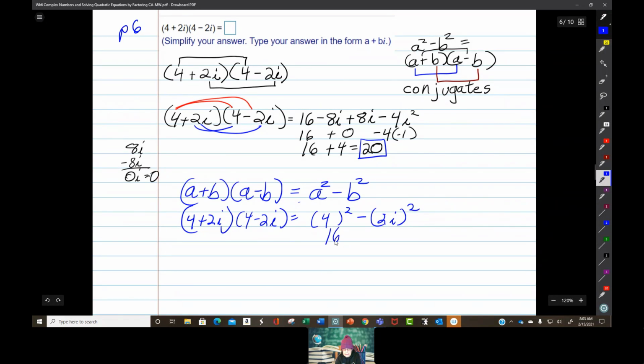Okay, this is going to be 16 minus 4 times i squared. Well, I wouldn't do that. Instead, you would normally write it like this. And then you would say to yourself, self, i squared is -1.